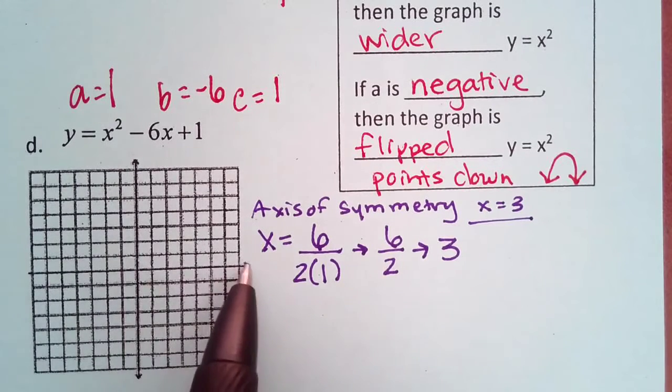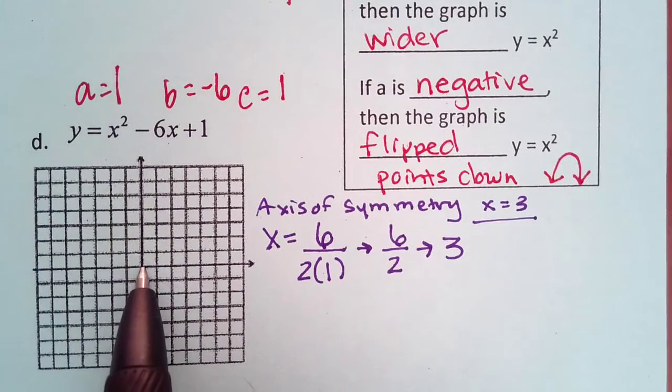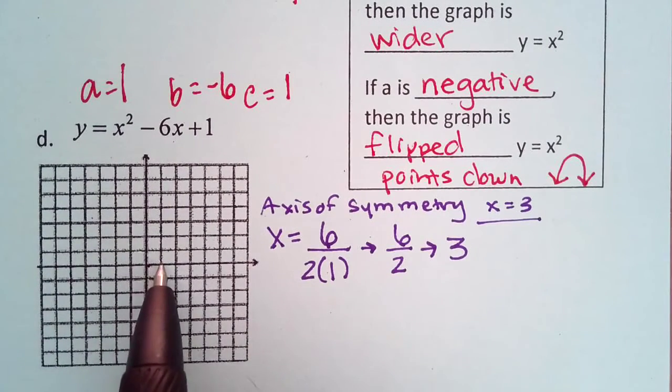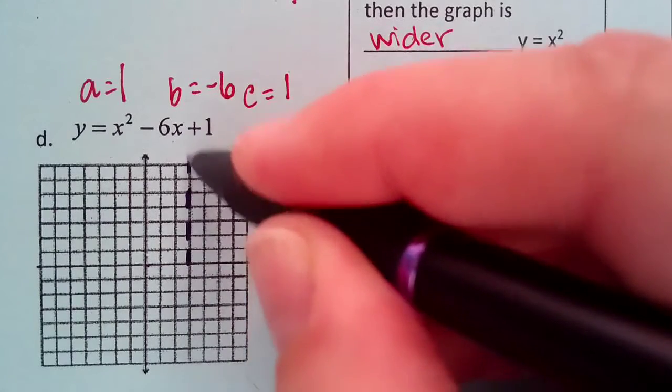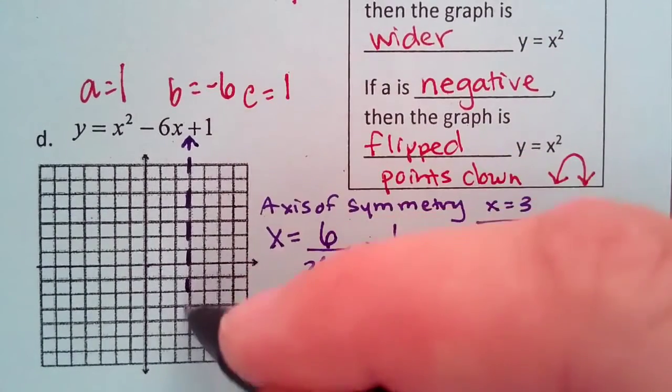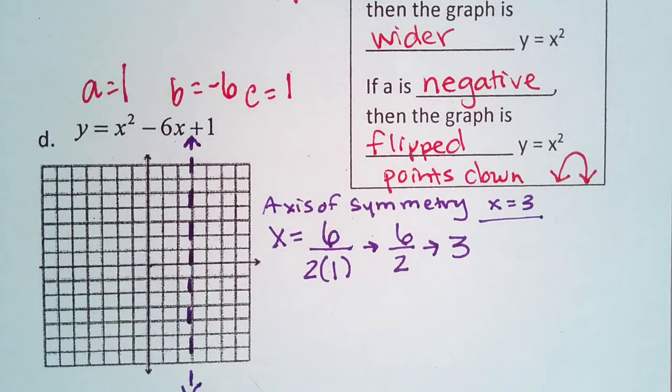So what does that look like? Our origin is right here, x equals 3 is 3 to the right: 1, 2, 3. So it would be this line here. This is the line that will have a mirror image on either side with our parabola.